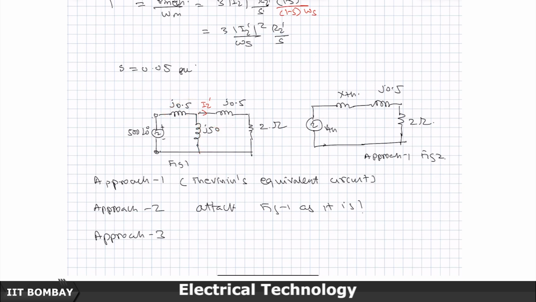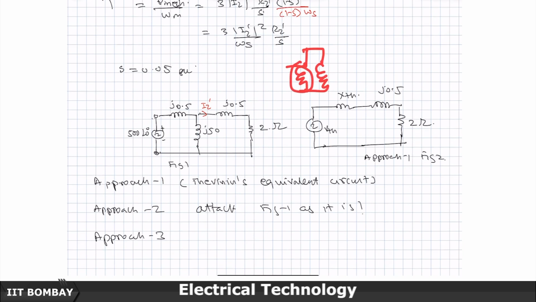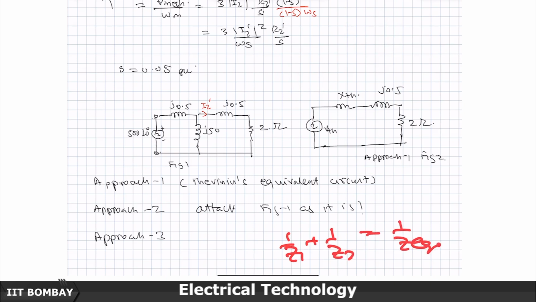So, when you connect a very small impedance in parallel with a very large impedance, you know that 1 by Z1 plus 1 by Z2 is 1 by Z equivalent when in parallel.